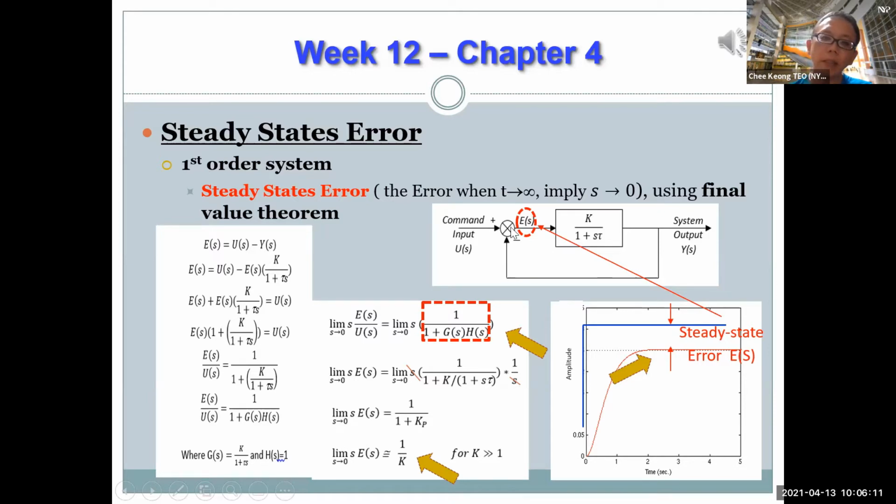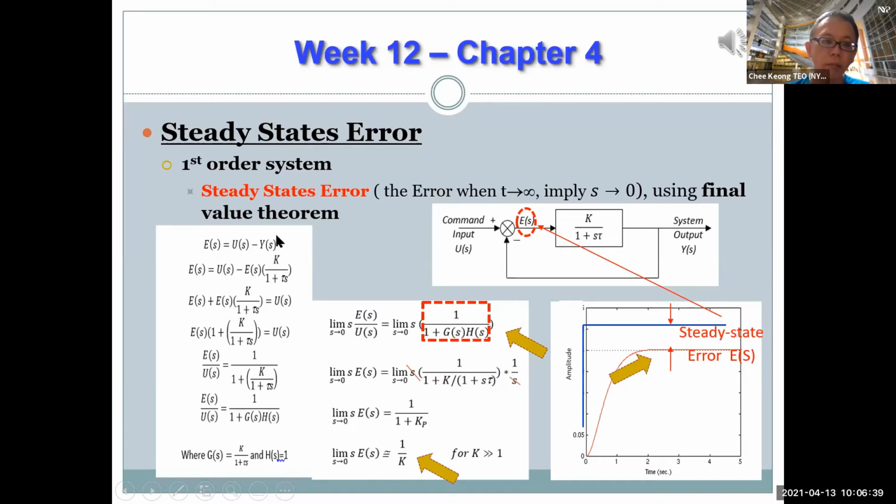The error is equal to the input minus the output, right? That's the steady state error. Now, steady state error can be proven to have this expression: e of s over u of s, that means error over input, equals 1 over 1 plus g of s h of s.